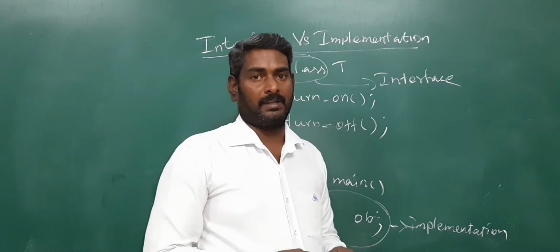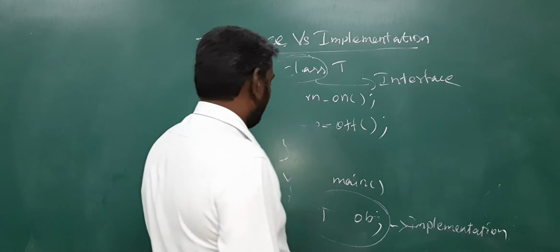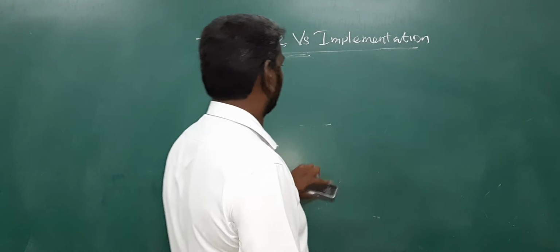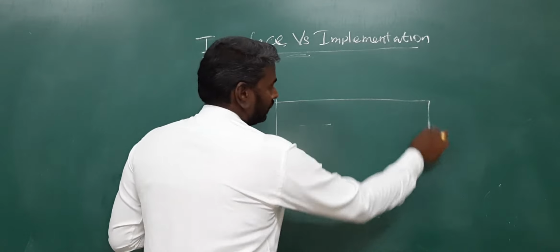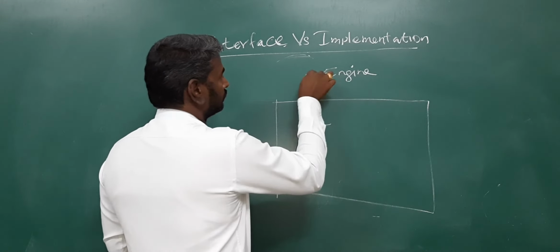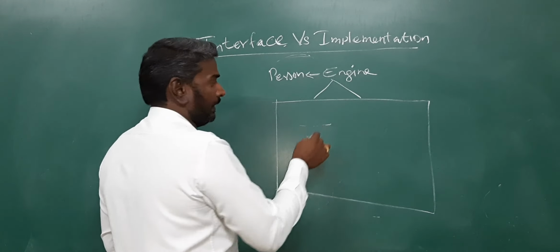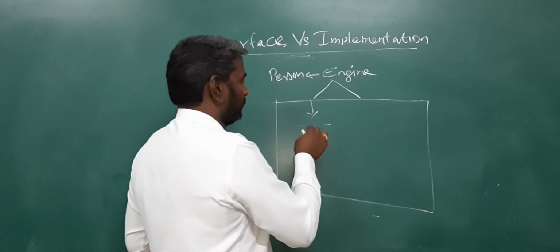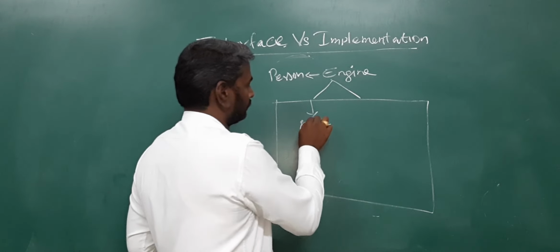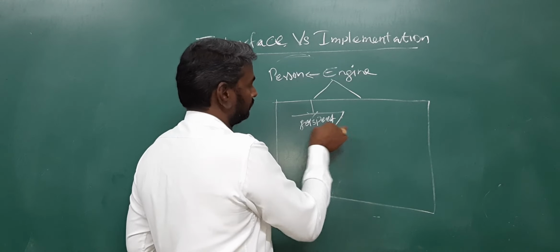Next, we have a small example, increasing the speed of the car. In this example, we have the engine. In the engine, we can use the function called get speed.